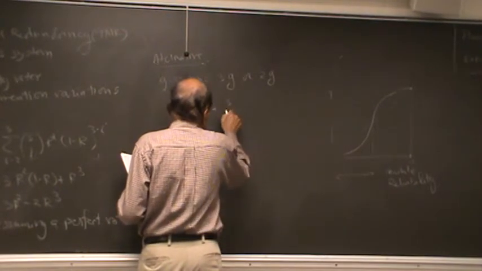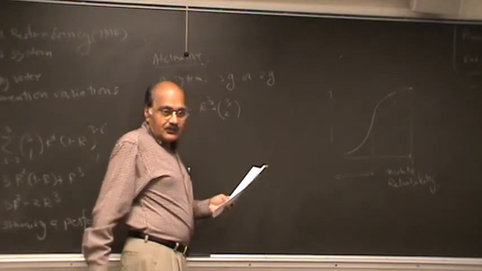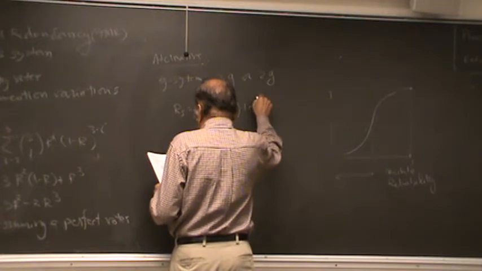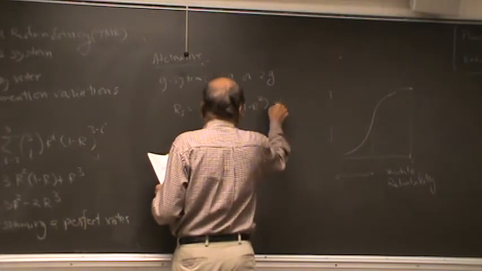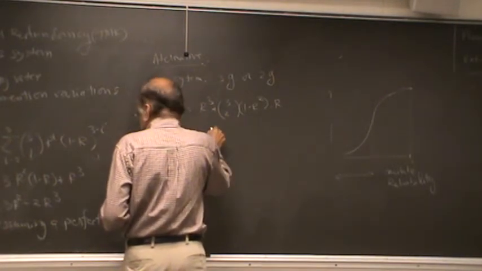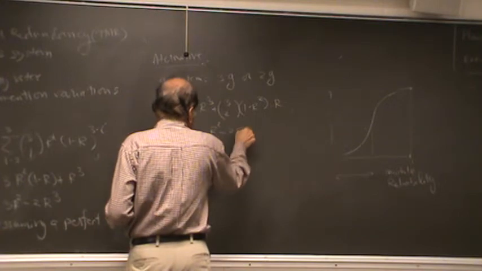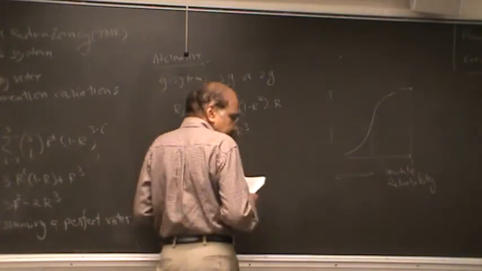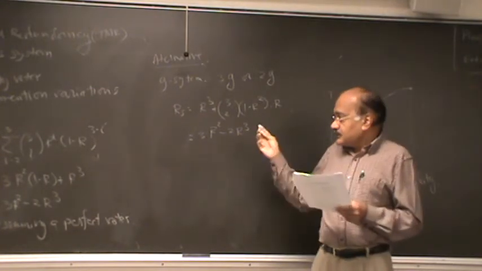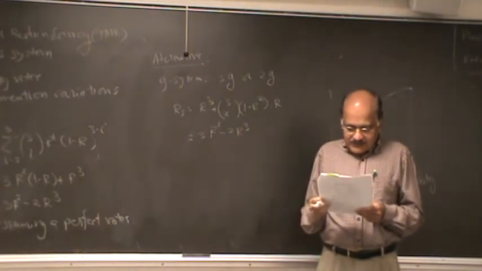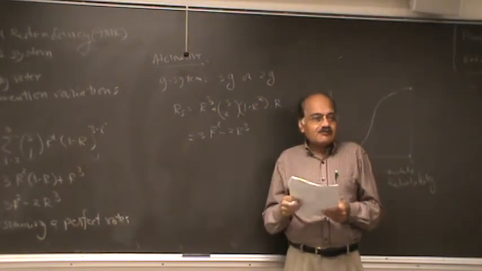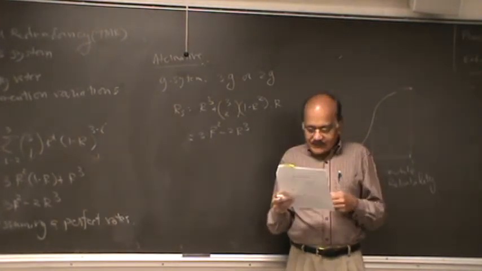There are 3 choose 2 ways that could happen, and (1 minus R) squared multiplied by R, and you get the same expression. Basically, more or less the same thing. In one case we started with a formula, and in this case we started from scratch, but if it is correct you should get the same answer.